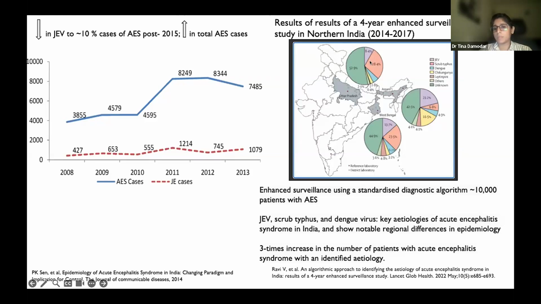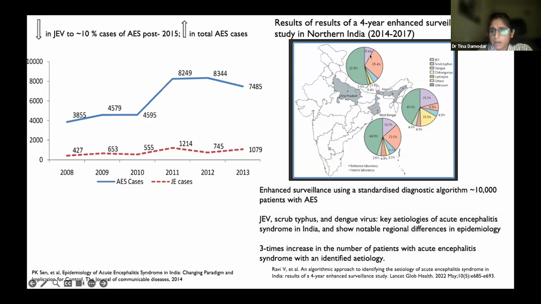They used a standardized diagnostic algorithm to test for causes apart from JEV. And they enrolled around 10,000 patients with AES. And what they found was, apart from JEV, scrub typhus and dengue virus were key etiologies. However, there were region-wise differences.